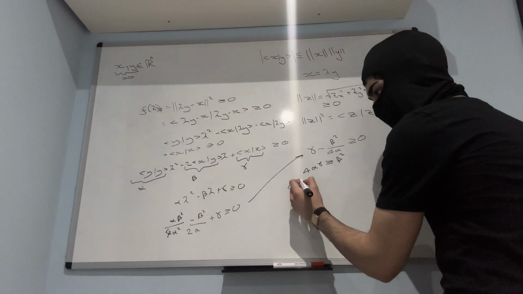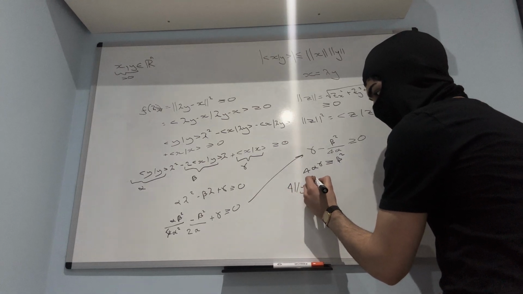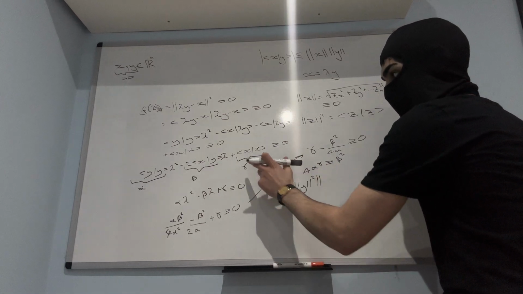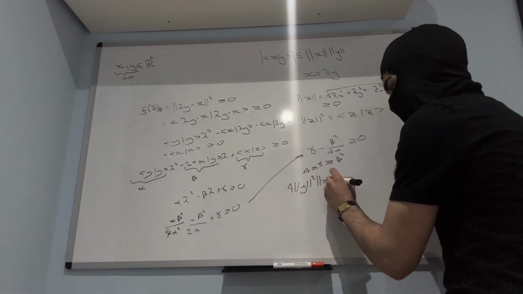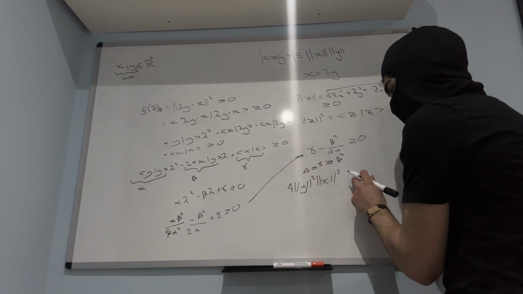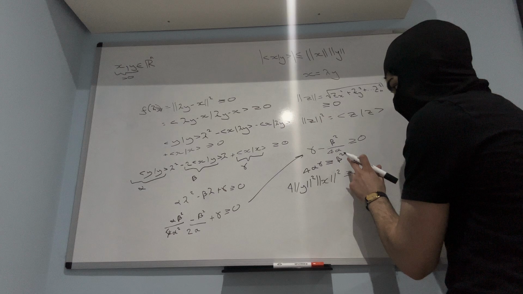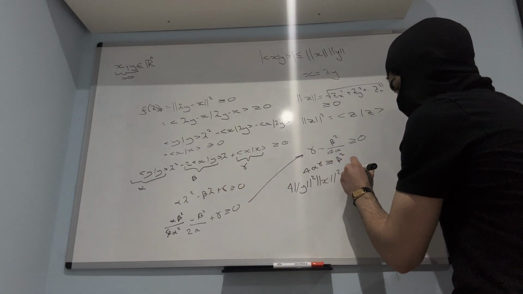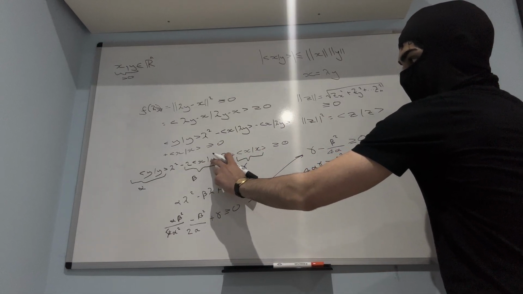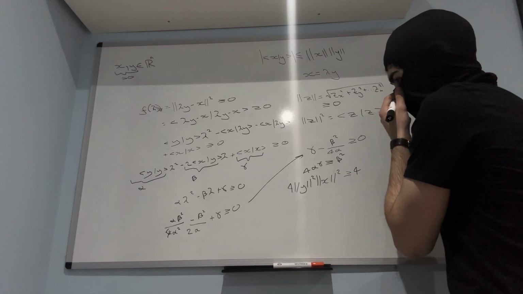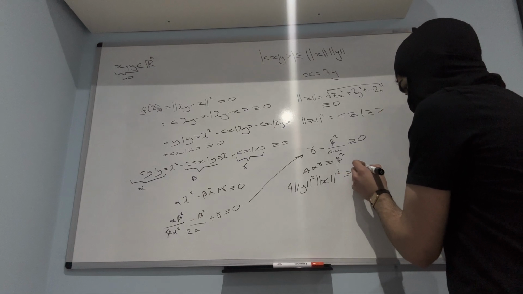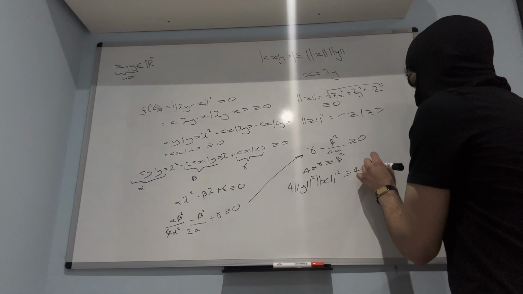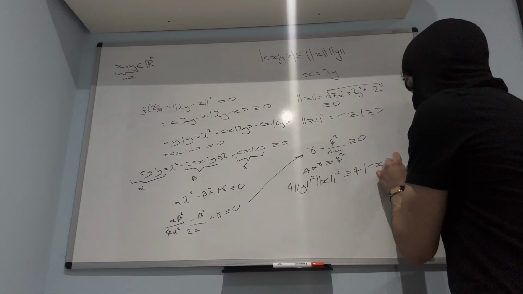So it's going to be the norm of y squared, times gamma, which is the same case, greater than or equal to beta squared. So it's going to be 4 times the inner product of x and y, squared.